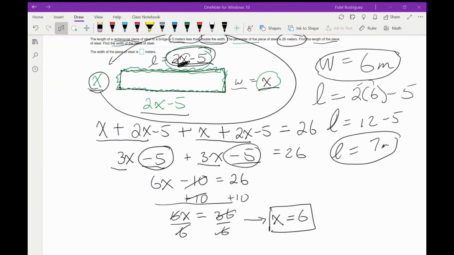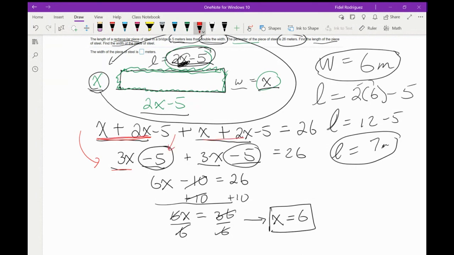Yes, ma'am. I'm sorry, sir. I was just wondering, when you did the 3x minus 5, were you just doing that for our sake, not to confuse us, or can we just do 6x minus 10 right off the bat? Oh, yeah, 6x minus 10. When I was going from this step to this step, I looked at these and said, oh, look, that's 3x, and I just brought this down, that's another 3x.